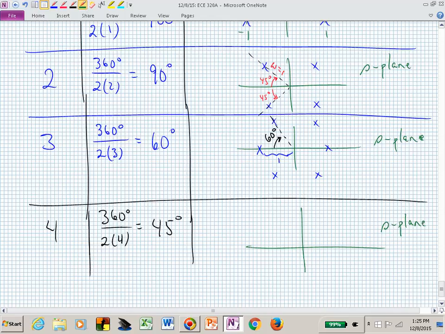And what do we now know? How many total poles do we have in this constellation? 8. 4 are in the right half plane, 4 are in the left half plane, and they have to be all 45 degrees apart, which means we can't have any on the real line.